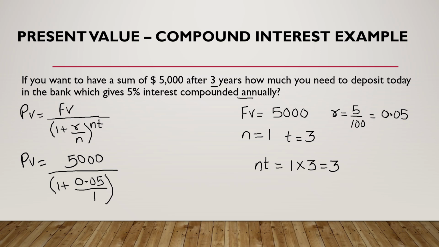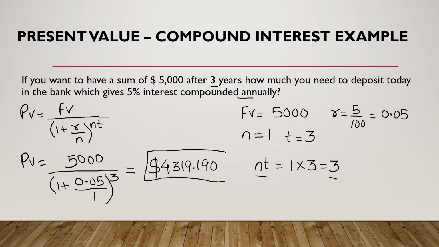Power of nt, here we have written nt is 1 multiplied by 3, which is 3. So when we calculate this, we get the answer. The answer for this is $4,319.190.